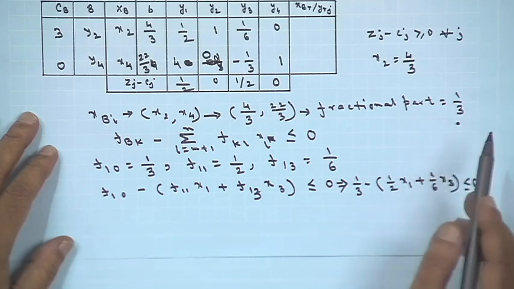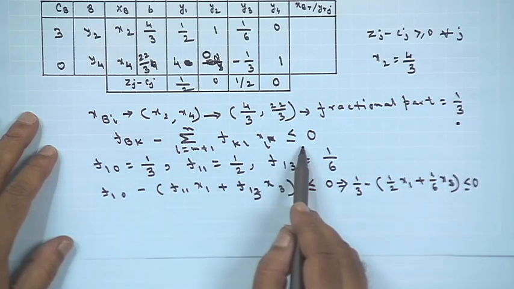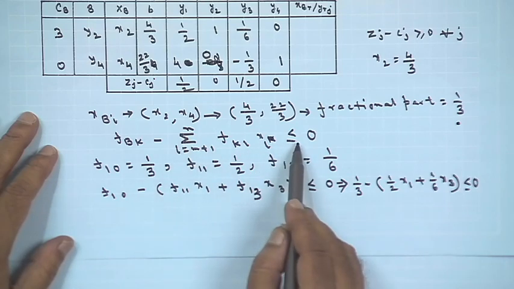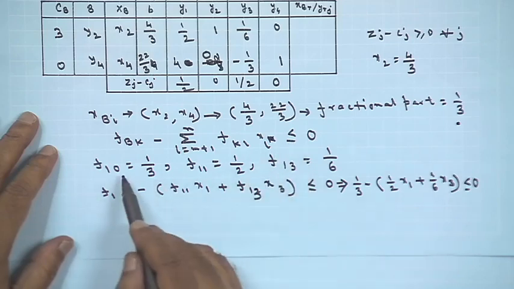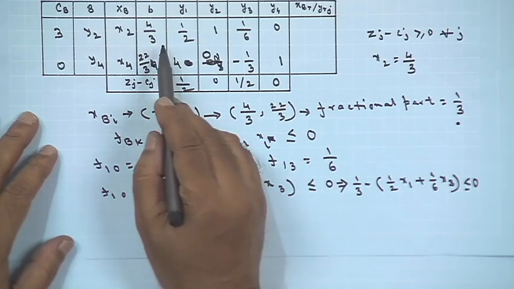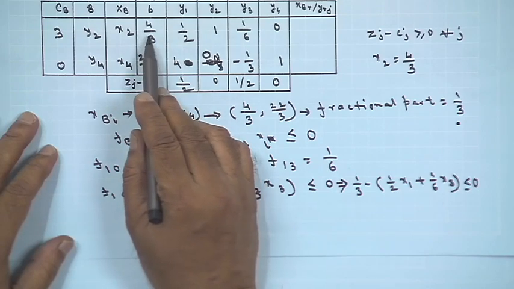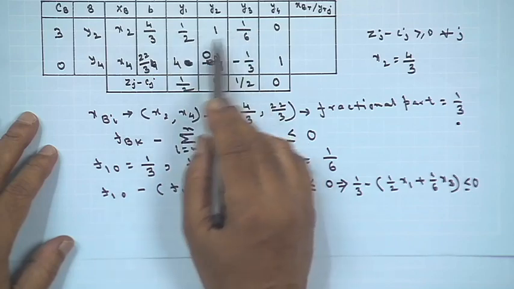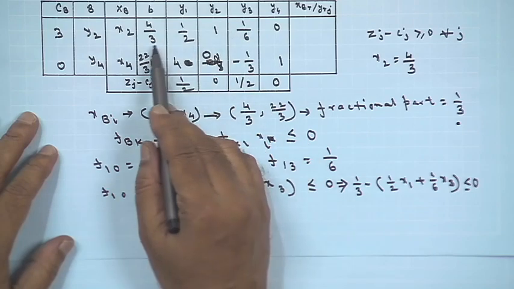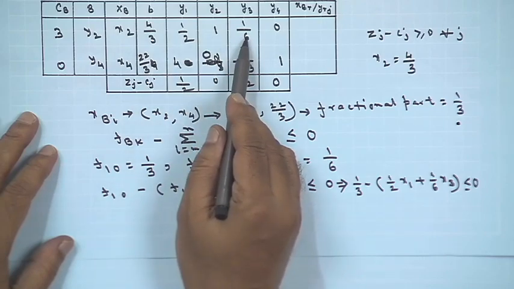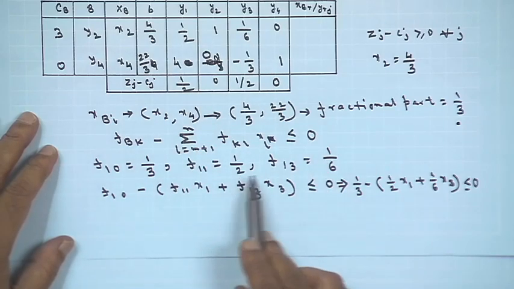Now, I have to use this inequality which we have shown earlier. On this inequality, f10 will be equal to the fractional part of b. If I consider this row, because both are 1/3, then I have to take the fractional parts on the other columns. Here it is f10, this will be f11, this will be f13. So, f11 is half, f13 is 1 by 6.